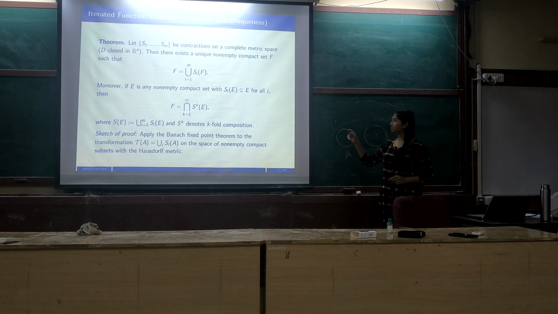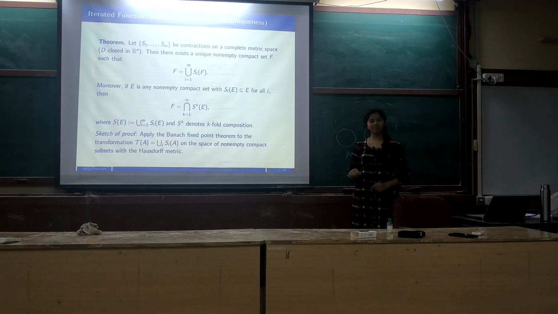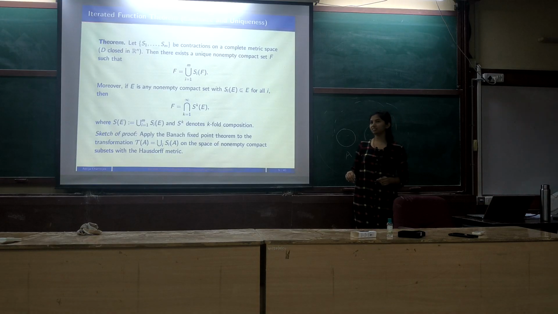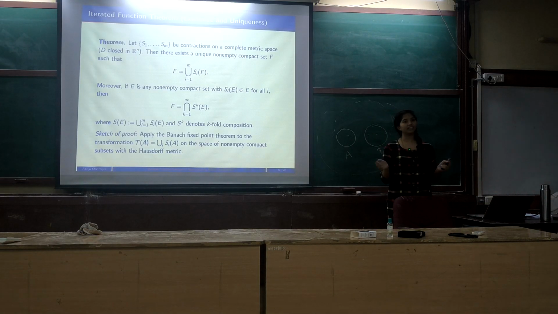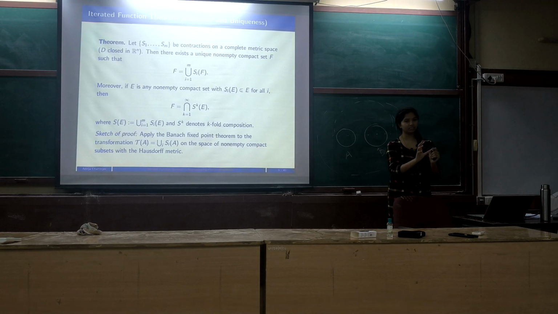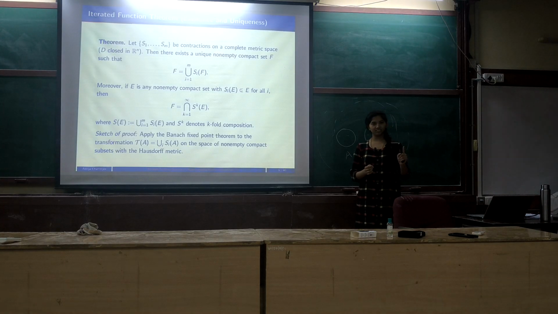The proof is basically an application of the Banach fixed point theorem, but you define the set to be all compact subsets of your original set. So instead of defining T from X to X, you define T from compact subsets of X to compact subsets of X, and the metric you consider is the Hausdorff metric.